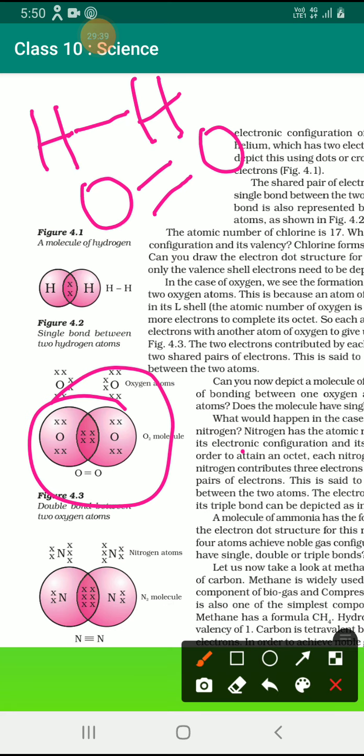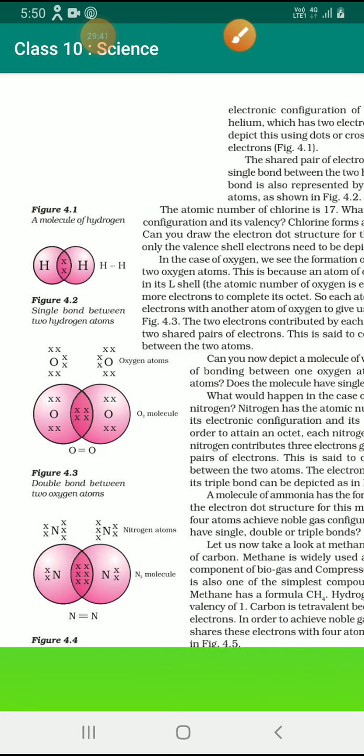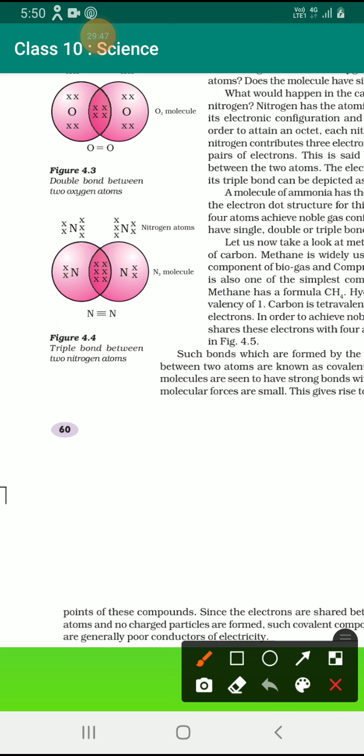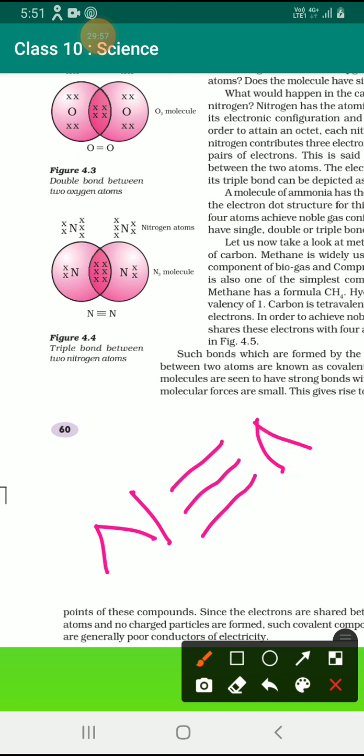And in the case of nitrogen, 3 bonds are formed along with another nitrogen. Actually these bonds are between the two nitrogen atoms, a triple bond.